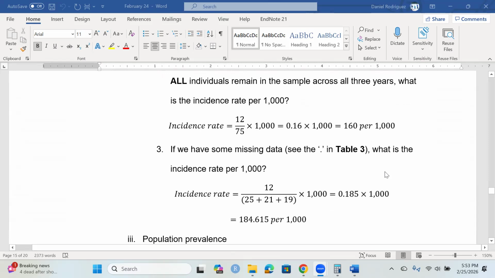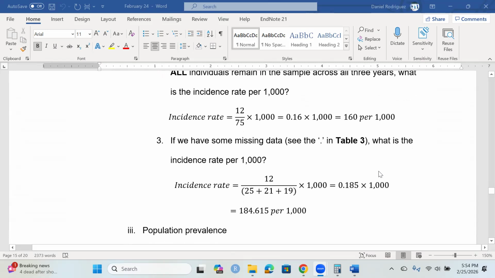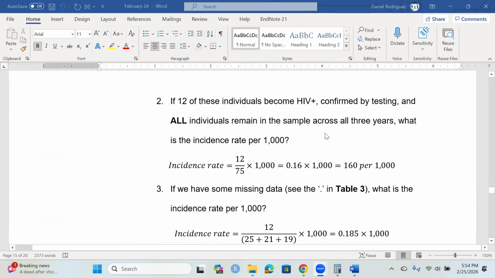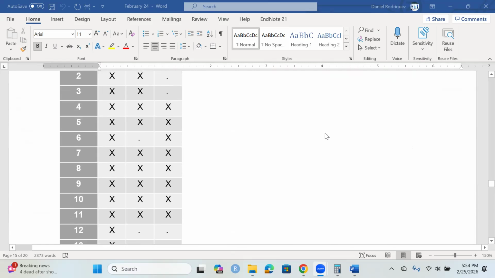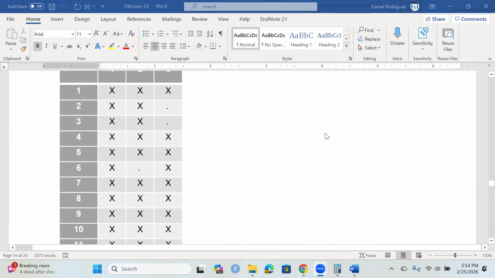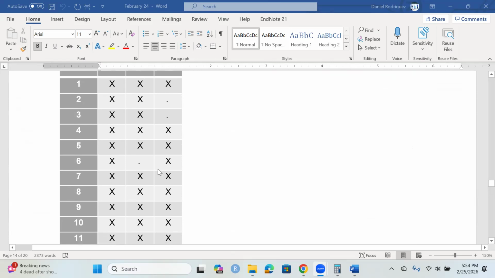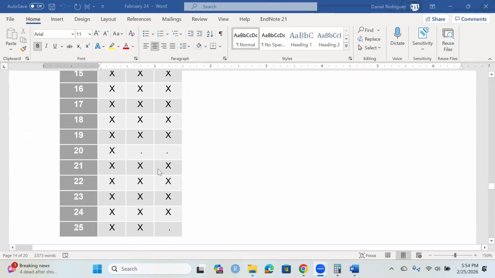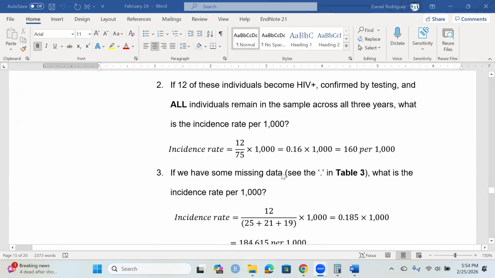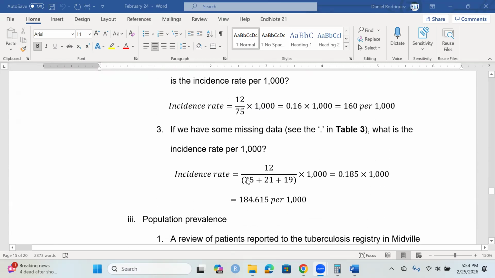But that's not always going to be the case, and that's highly unlikely to be the case. You're going to have missing data. As I mentioned, that happens for a variety of reasons. So we can look at the table here and recalculate the incidence rate, but account for the missing data. The first year, we had a contribution of 25 person years. Each person contributed one person year, and all 25 were there. The second year, we had 4 people missing, so 21 out of those 25 contributed person years.